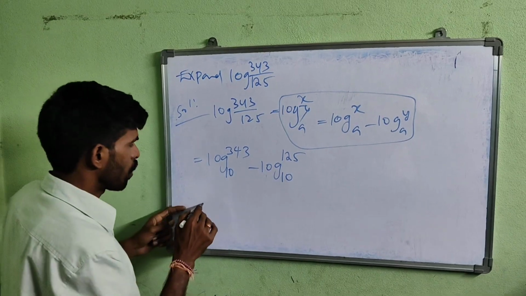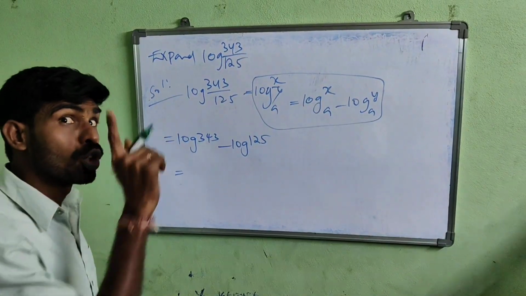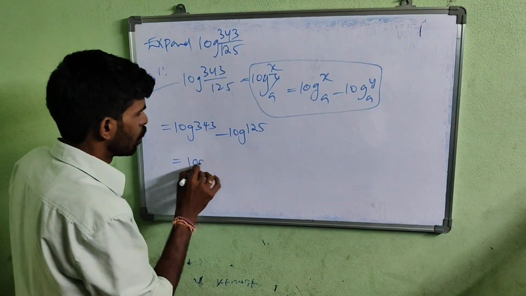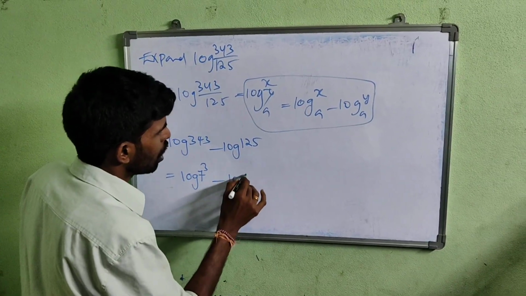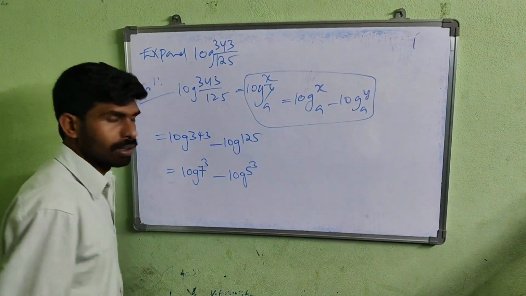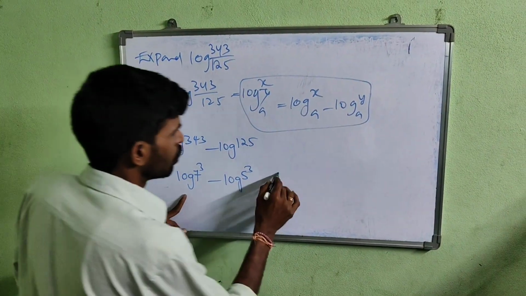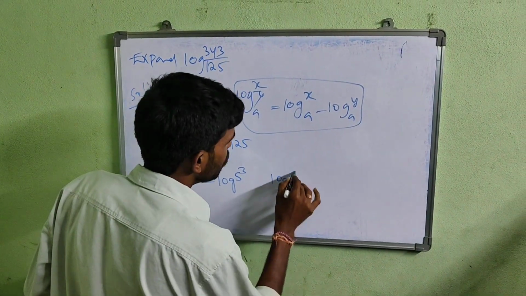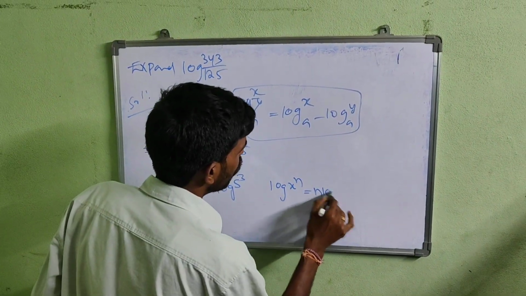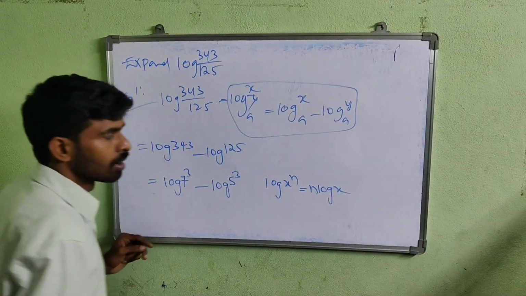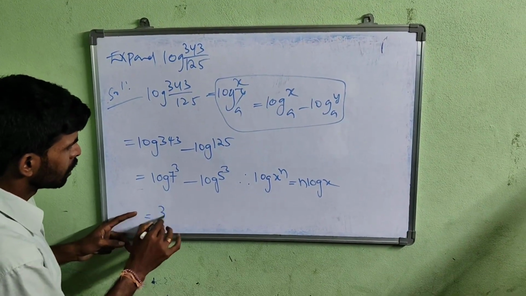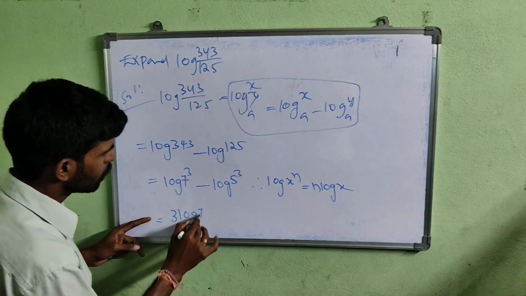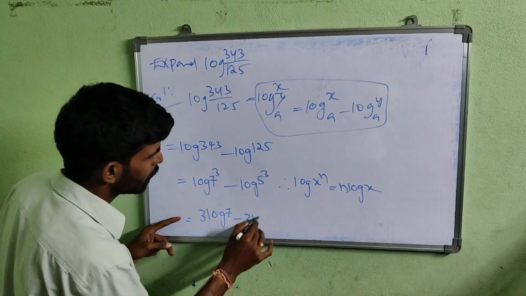Now, 7 cube is 343, right? Log 7 cube minus log 5 cube, which is 125. Here log x power n is n log x. Based on this we can write it as 3 log 7 minus 3 log 5.